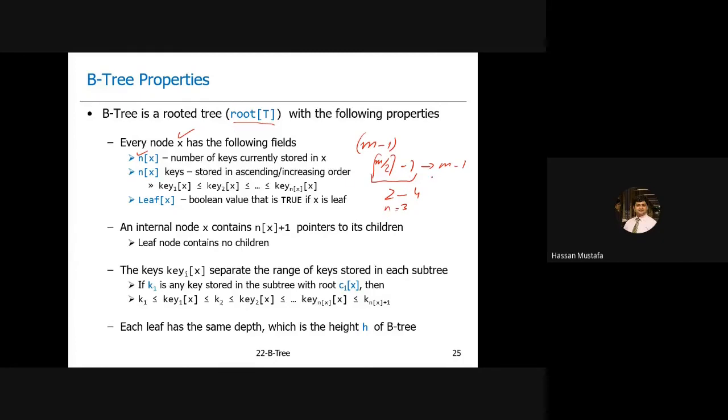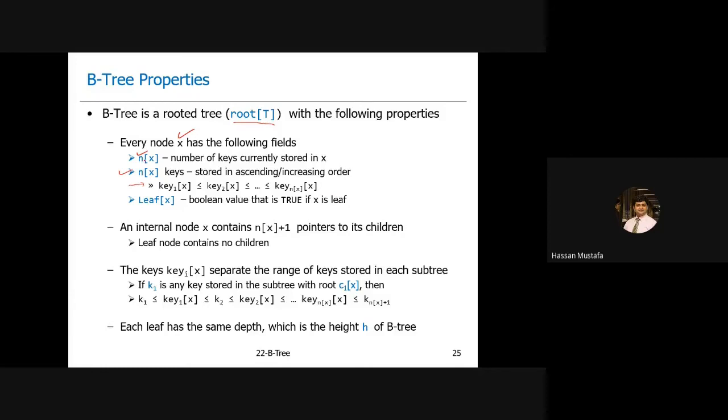Maybe I do not need to explain it further. Then if n is the number of keys in the node, we should have a data member, or an array of size n. These are the values in the node, and remember, these values should be sorted in ascending order.